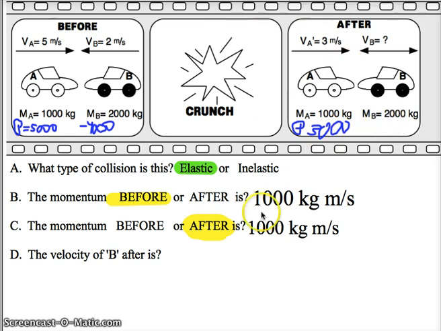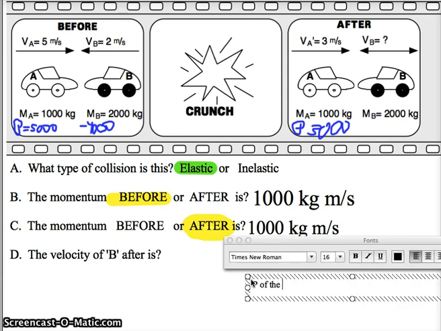That does mean that if the total momentum is 1,000 and this part is 3,000, the momentum P of the B car is negative 2,000 kilogram meters per second.